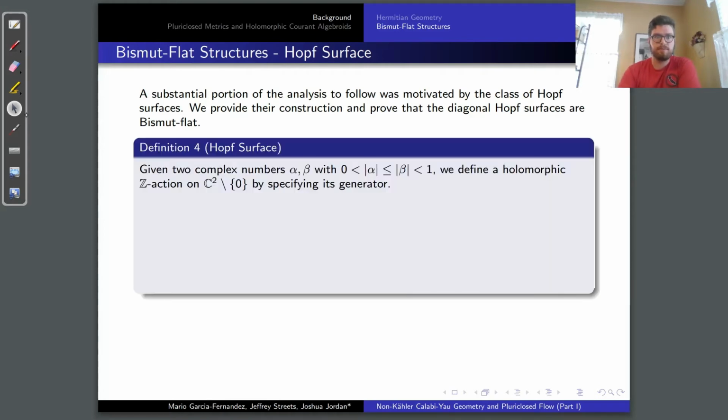So the place to start, we take two non-zero complex numbers whose moduli are smaller than 1, and we define a Z action on C2 without the origin, whose generator is just this f right here.